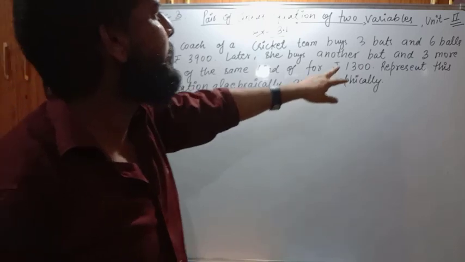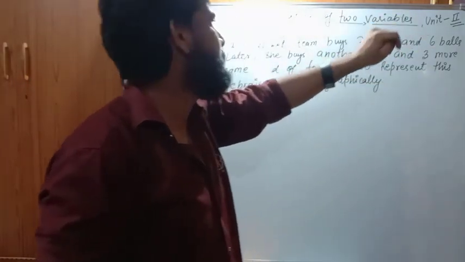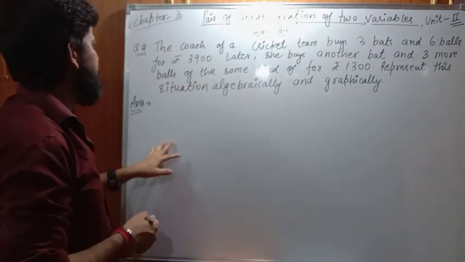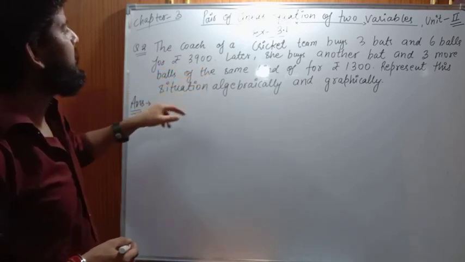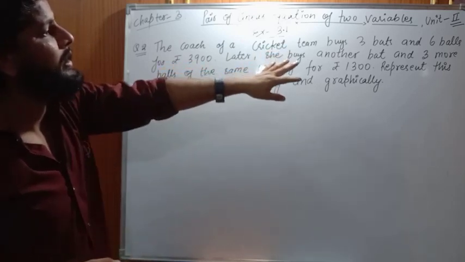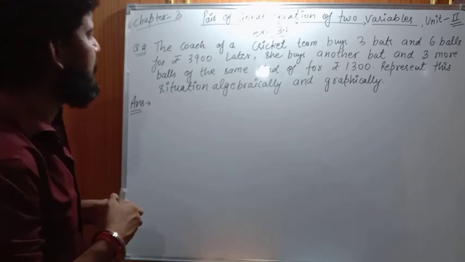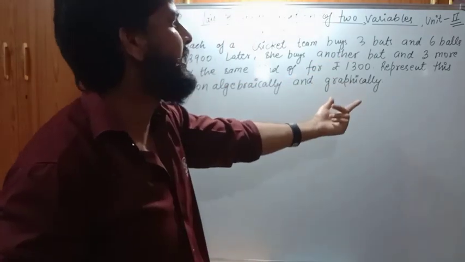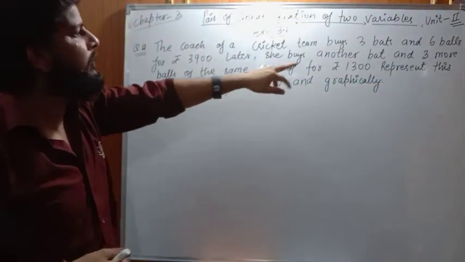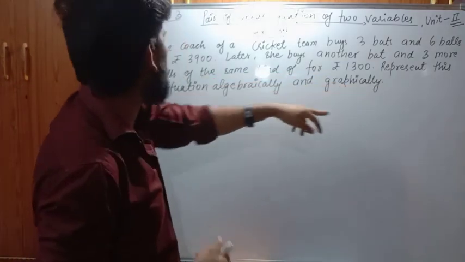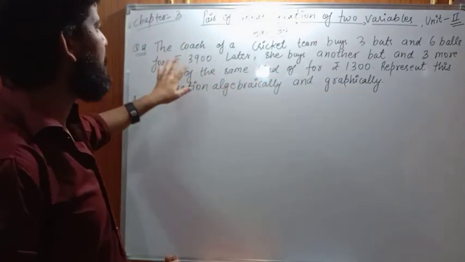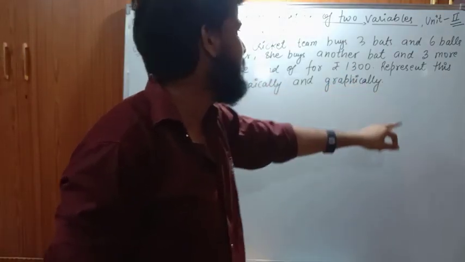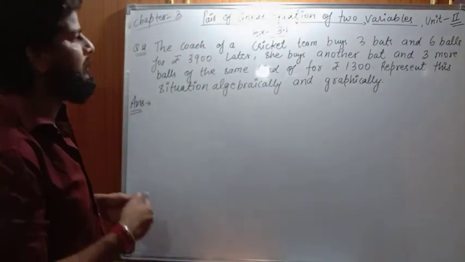He buys 3 bats and 6 balls. उसने बैट्स जो बाय किए हैं वो 3 किए हैं और बॉल जो बाय किए हैं वो उसने 6 किए हैं. हाउ मेनी रुपीज? 3900 रुपीज का उसने 3 बैट्स एंड 6 बॉल परचेज किया है. लेटर बाद में she buys another bat, meaning 1 bat and 3 more balls. उसने 1 बैट दोबारा बाय किया है और 3 मोर बॉल्स बाय किए हैं सेम काइंड के हैं जैसे पहले से. कितने अमाउंट में? 1300 मीन 1300 रुपीज में. हमको ये सिचुएशन एल्जेब्रिकली एंड ग्राफिकली रिप्रेजेंट करनी.